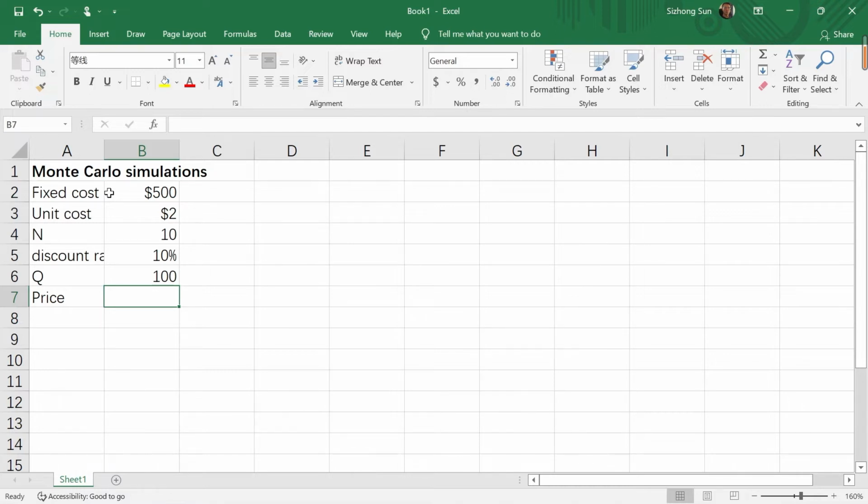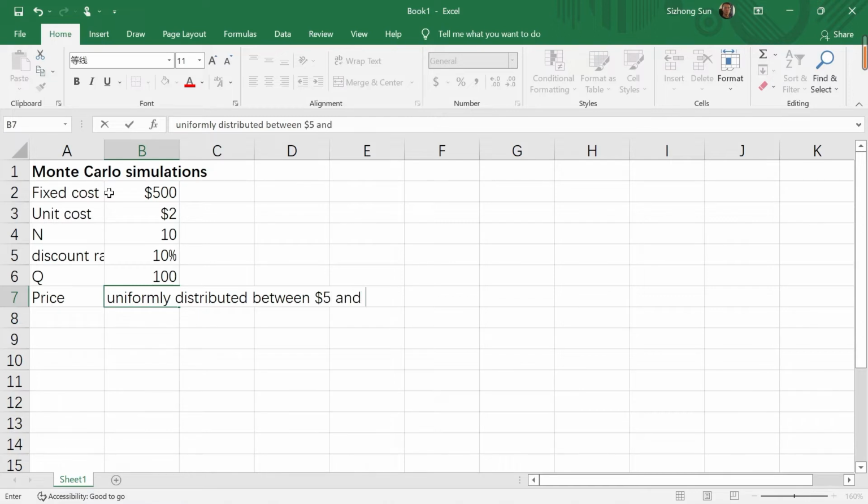So there's a risk associated with the price of the output, but we know it is uniformly distributed between $5 and $20.